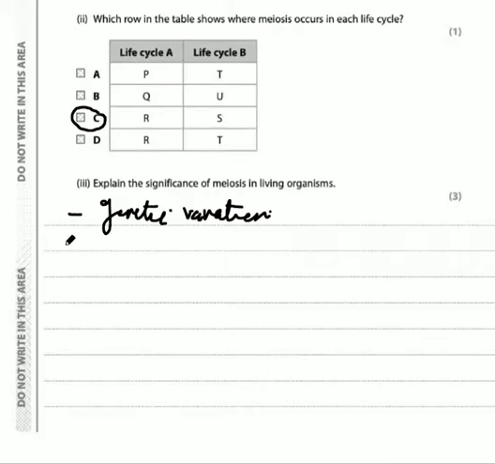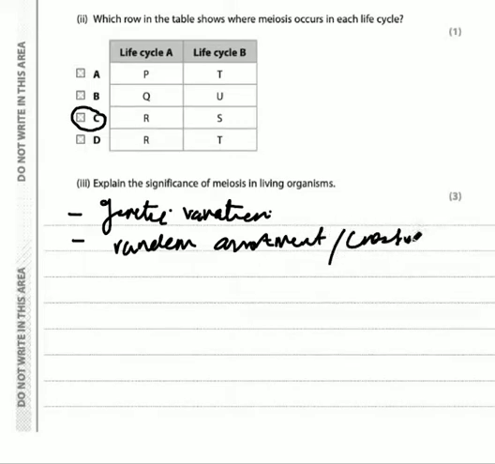Why is it significant? Because it involves random assortment or crossing over. That's something you would have come across. Crossing over. And so, well, why is this still important? Okay, genetic variation is caused by random assortment or crossing over the chromosomes. Why is that important?